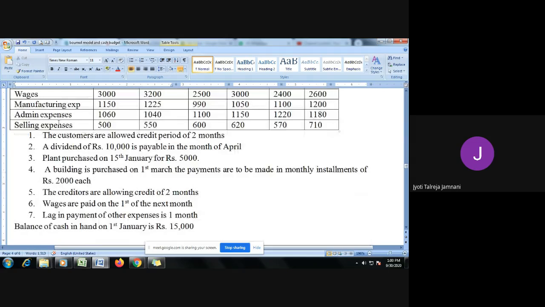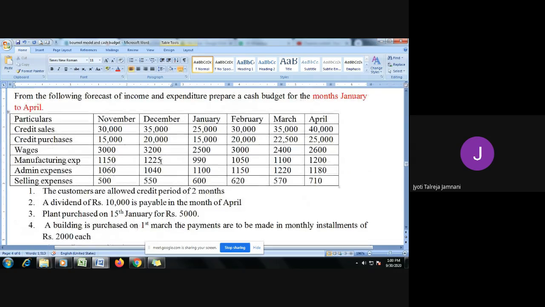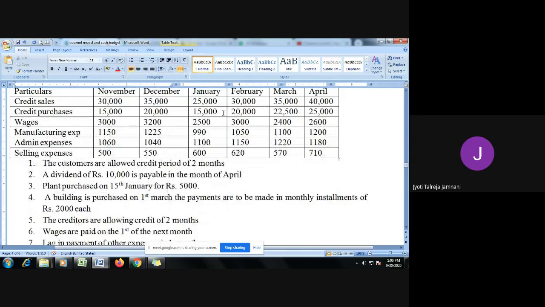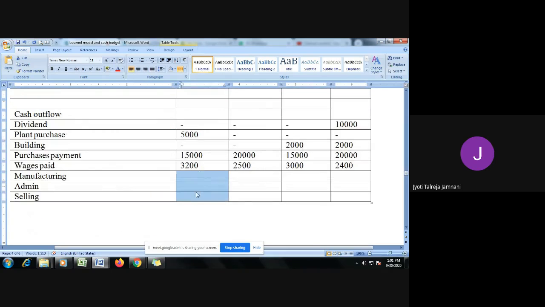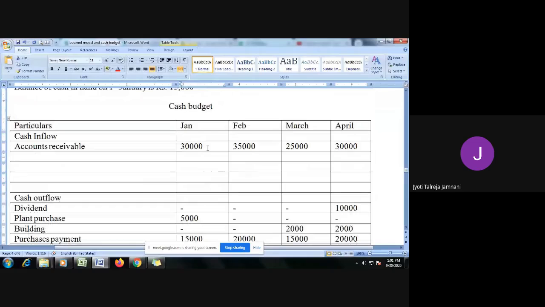So let's see, manufacturing expenses of November will be paid in December, but we are not preparing December account. We are preparing January account. So December expenses, that is 1,225, 1,040 and 550 will be paid in January. So all these three we will pay in January. Then January expenses will be paid in February.